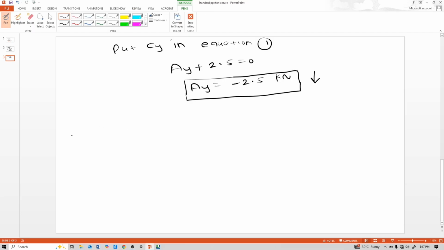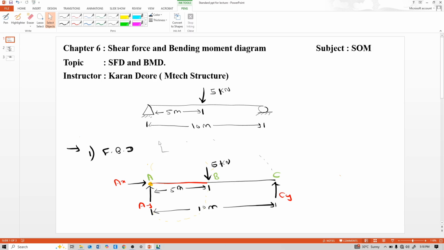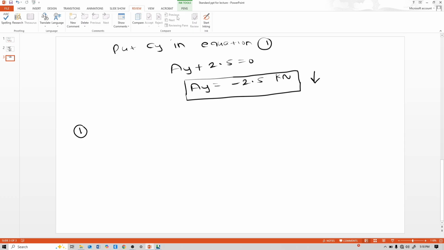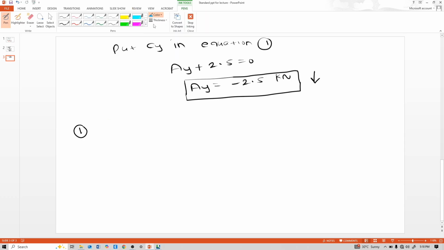Now we need to calculate the shear force and bending moment. We will see this thoroughly. For that, I will take a section XX here. Just for your understanding, I take this section.